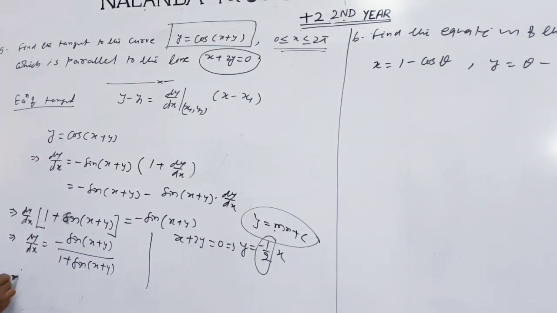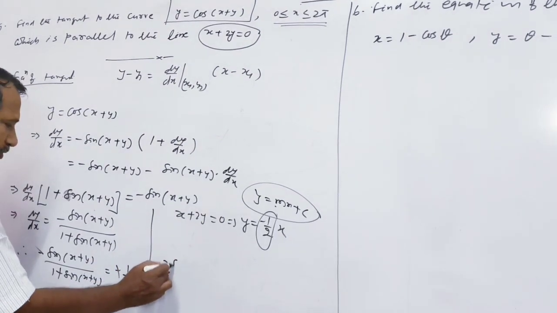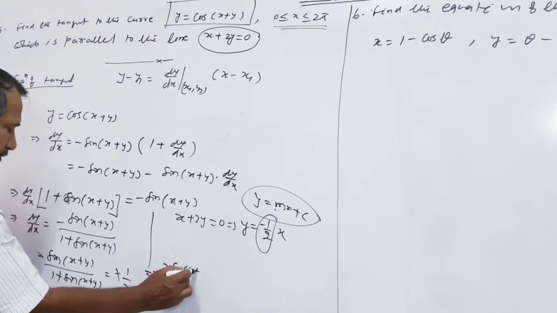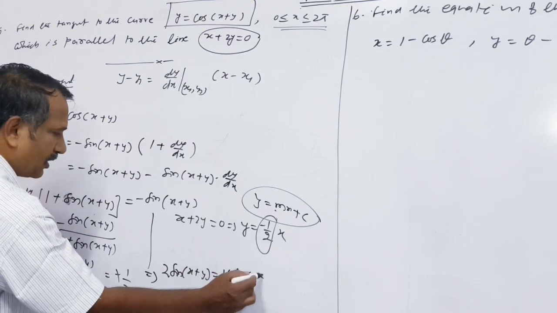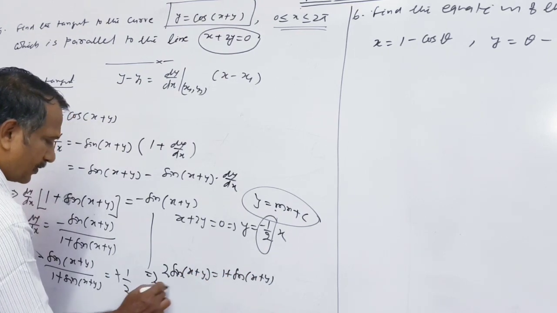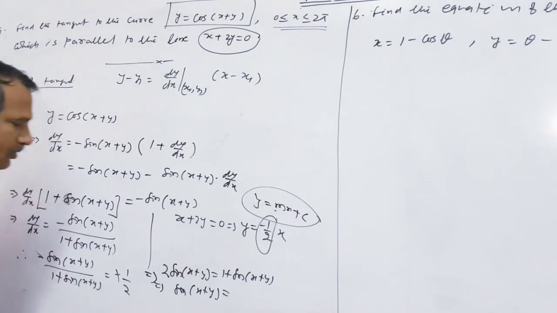Therefore minus sine of x plus y divided by 1 plus sine of x plus y equal to minus 1 by 2. So minus minus cancel out. Now by cross multiplication, 2 into sine of x plus y equal to 1 plus sine of x plus y, or sine of x plus y equal to 1.